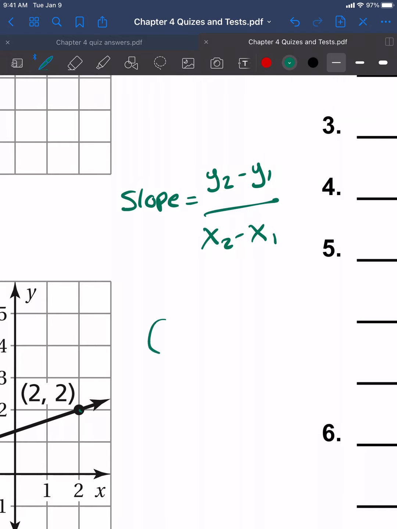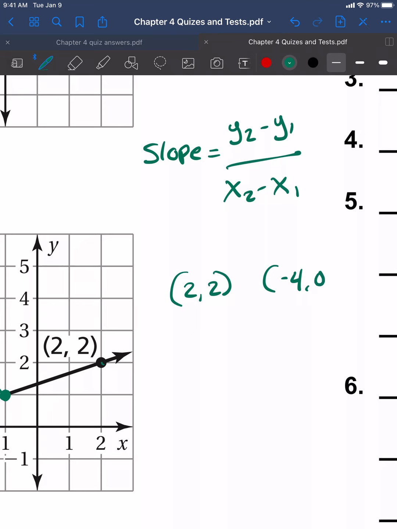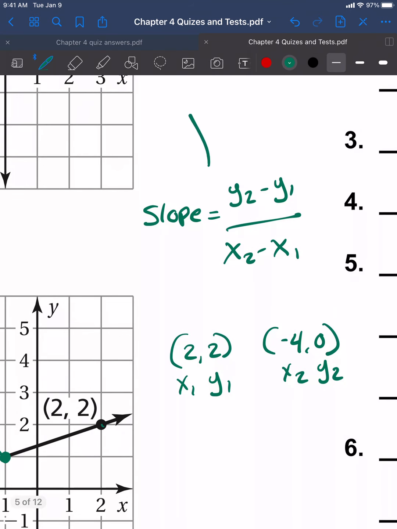So if they gave me 2 points, what if they gave me 2, 2, and negative 4, 0? This would be x1, this would be y1, this would be x2, this would be y2. And then just plug in those numbers, correct? Okay. If you forgot the equation for slope, perhaps write that in your notebook, okay?